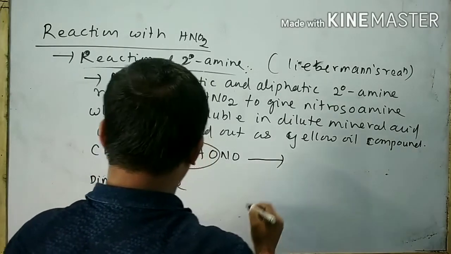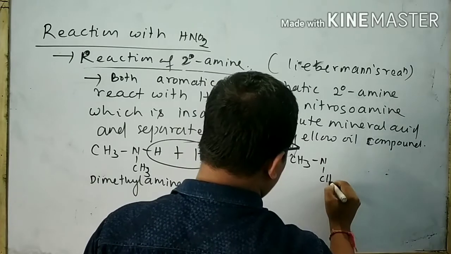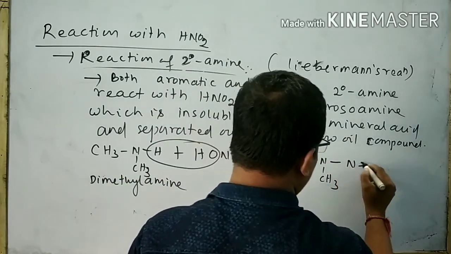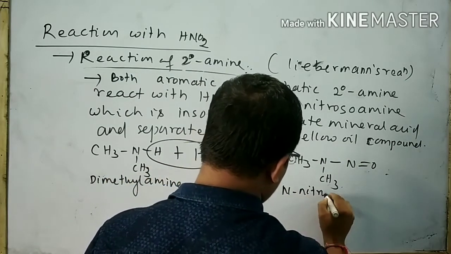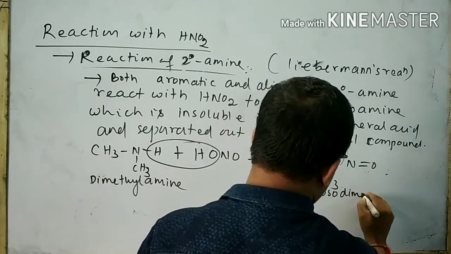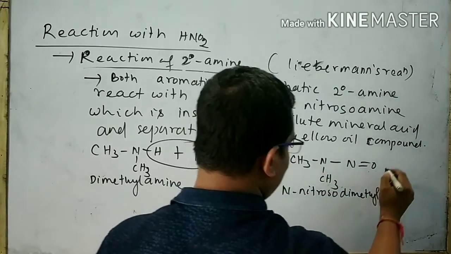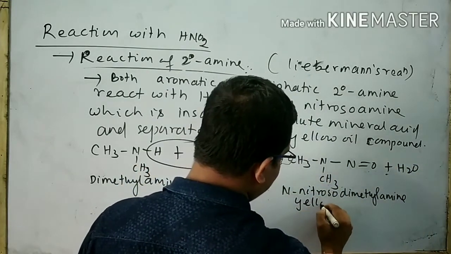As a result, what will happen? There is a formation of nitrosamine. The name of this compound is N-nitroso-dimethylamine, and the byproduct is water. This is your yellow oily compound.